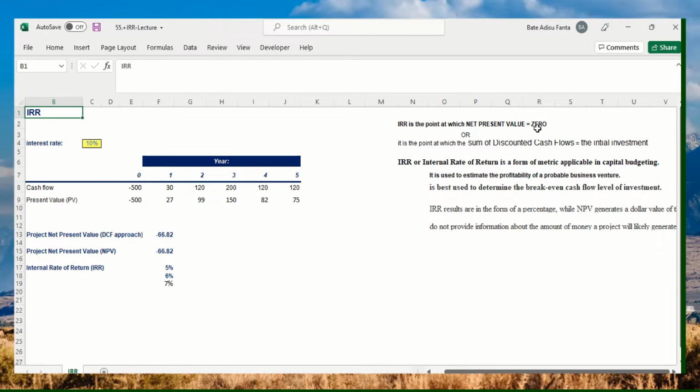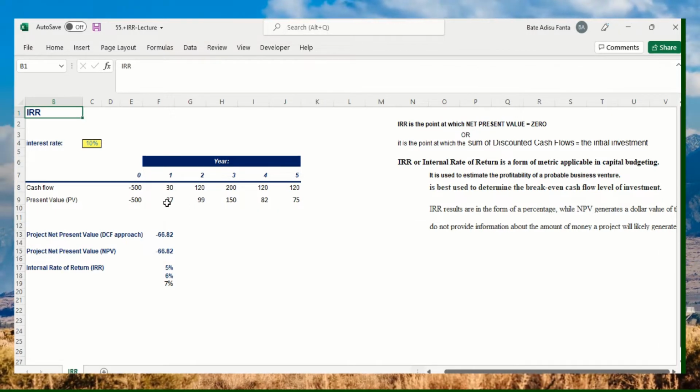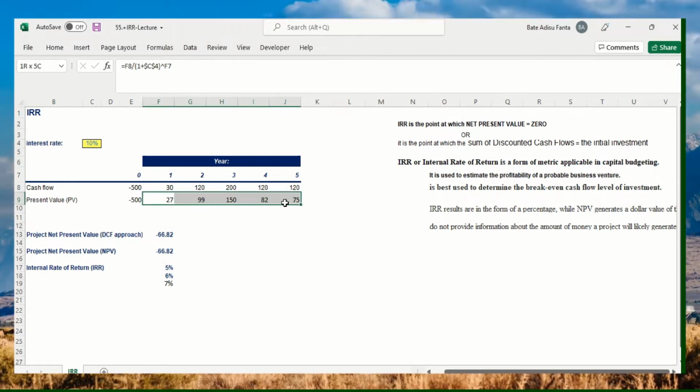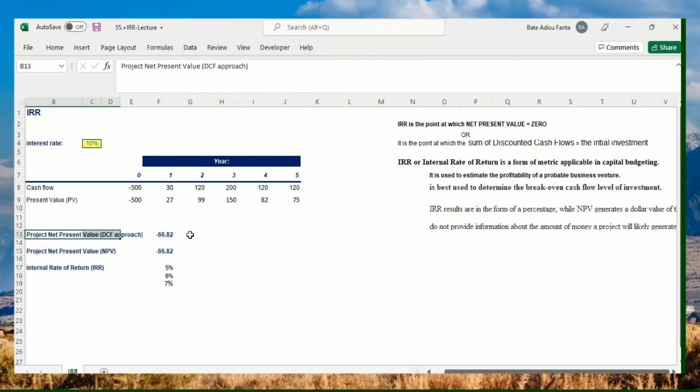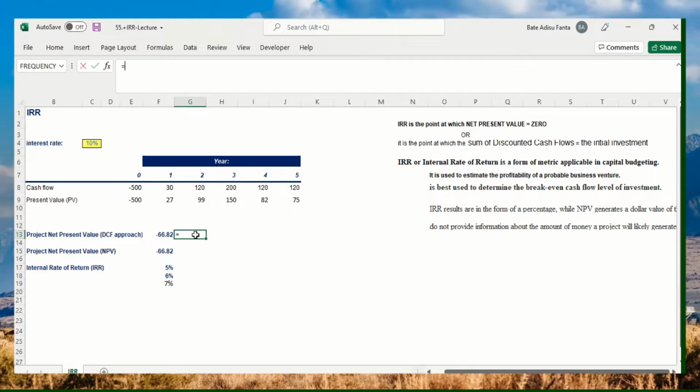We have seen how to calculate net present value. Net present value is, in short, the difference between discounted cash flows, or the sum of present values, and the initial investment. So with internal rate of return, we look for the point at which this net present value is equal to 0.